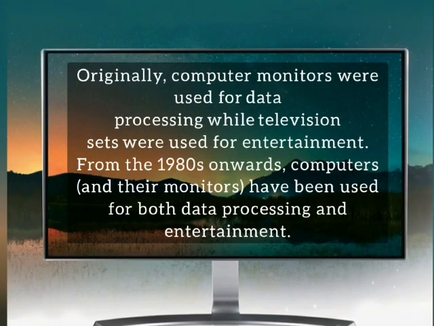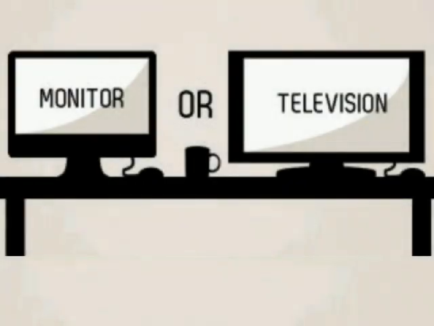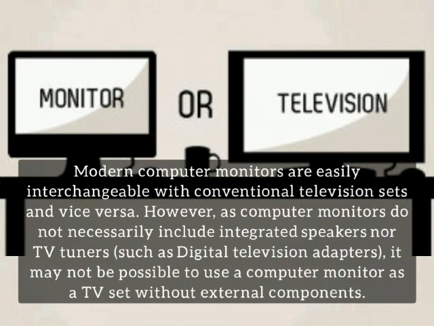Originally, computer monitors were used for data processing, while television sets were used for entertainment from the 1980s onwards. Computers and their monitors have been used for both data processing and entertainment. Modern computer monitors are easily interchangeable with conventional television sets and vice versa.